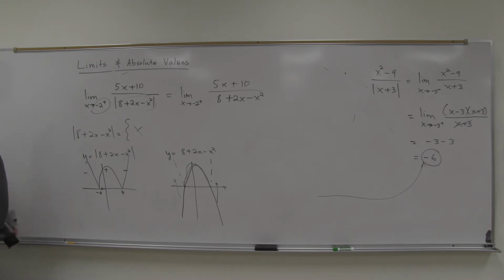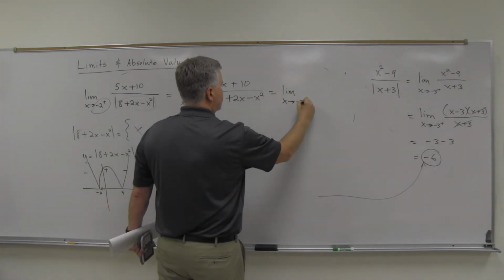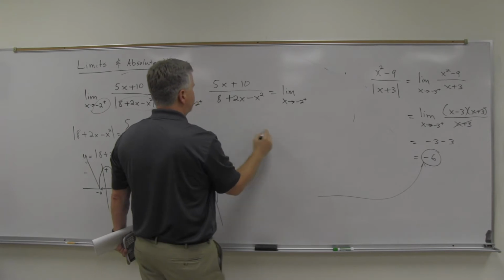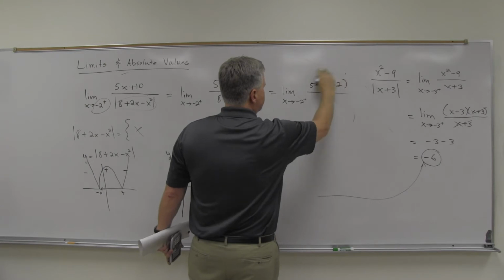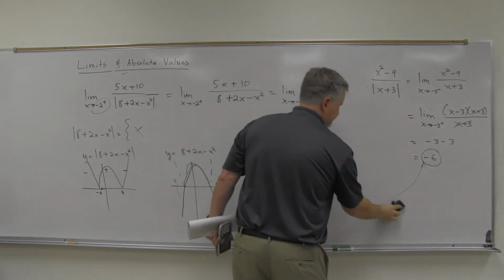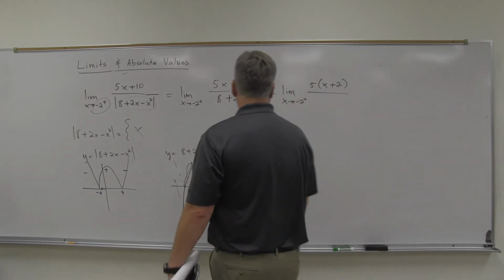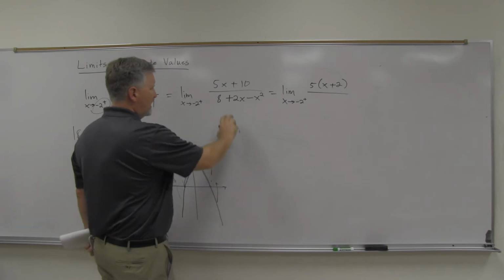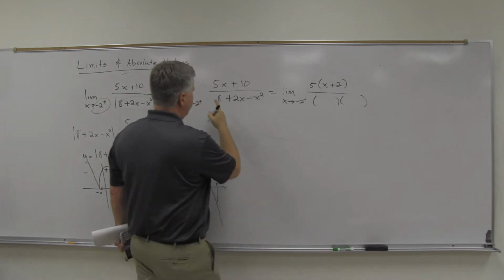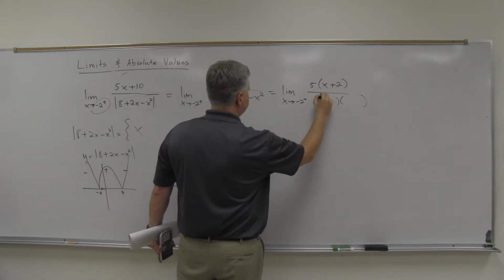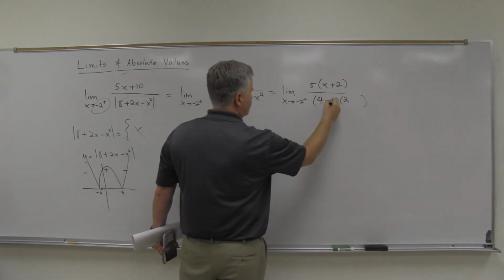All right, well, without the absolute values, now it's just a matter of factoring. Because if I plug in negative 2, of course, I get 0 over 0. Factor off the 5 here. So again, 5 times x plus 2. You can rearrange or factor it just like it is, whatever you want. 8, so we do 4 and 2, I believe. And then minus x squared, so one of them is minus x and one of them is positive x.